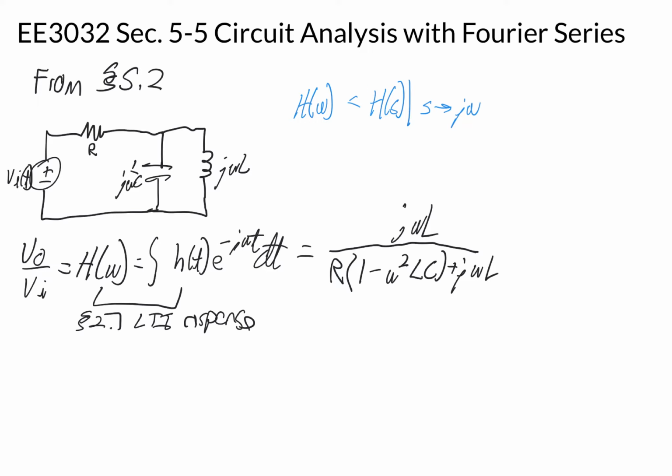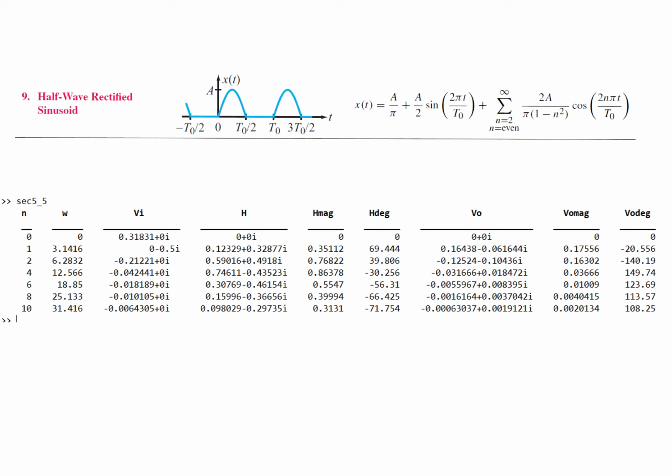All three of these methods, Laplace domain, impedance domain for a circuit, and taking this convolution-based integral of the impulse response, are used at various times when we are analyzing and designing signal processing systems. Okay, so now we have H, or what the system will do to an input. Now let's assign an input.